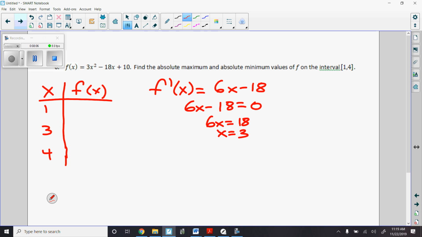Now notice, based on our table here, we want to find the absolute max and absolute minimum values of f. So I'm plugging these answers, 1, 3, and 4, into f of x, not f prime of x, because I want to find the maximum values of f. So let's go ahead and start working this out.